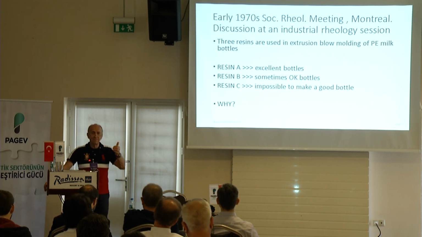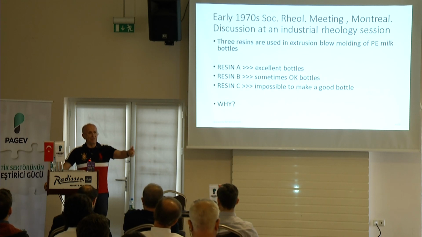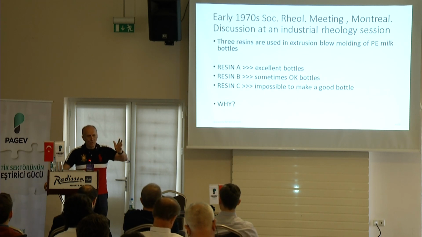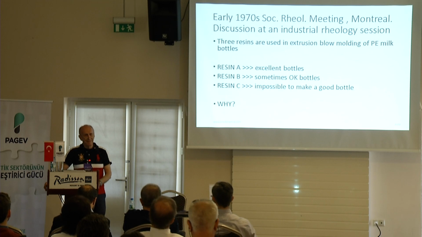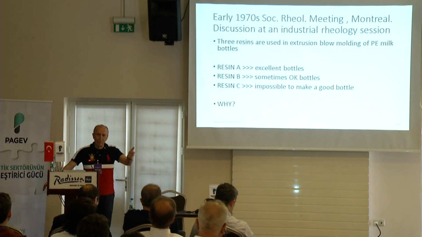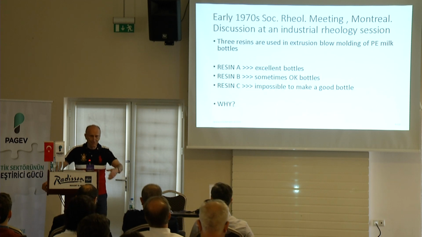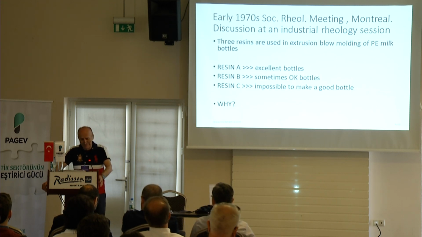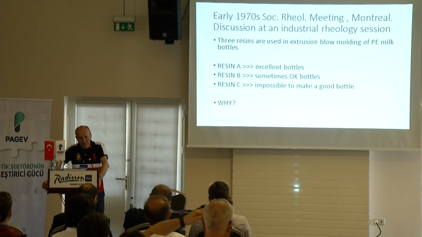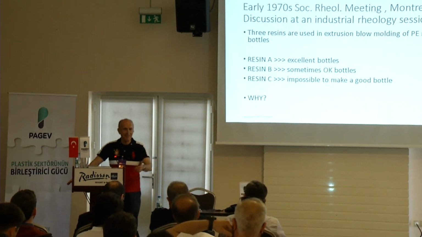One resin gave excellent bottles. The second, well, maybe. The third, I remember we were 200, maybe 250 rheologists in that session. It was a beer session, you know, drinking beer and talking. And the question was, why resin A?